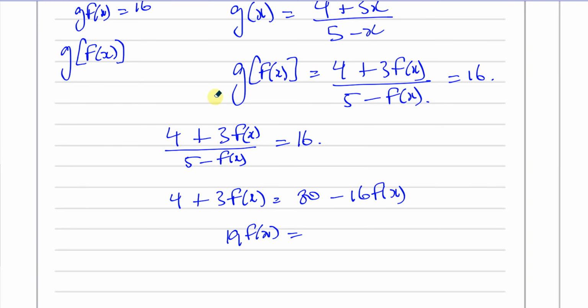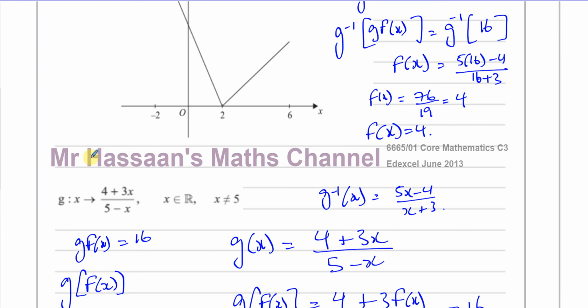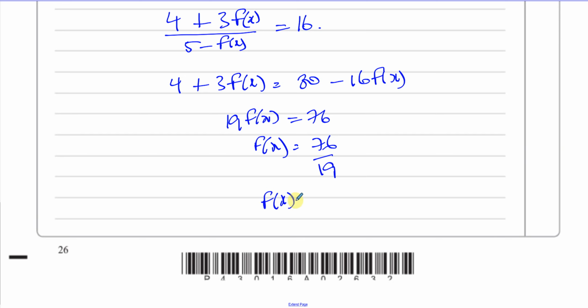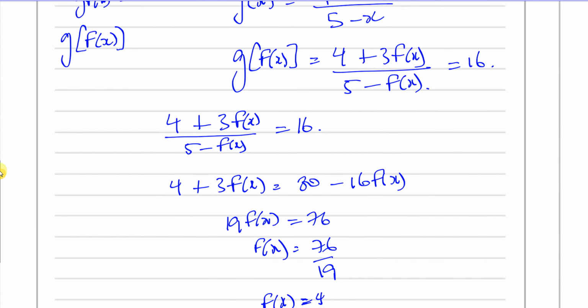So we have f of x is equal to 76 over 19, which is the same thing that we got before. F of x equals 76 over 19, which is equal to 4. So when we solve f of x equals 4, we have now solved the problem.